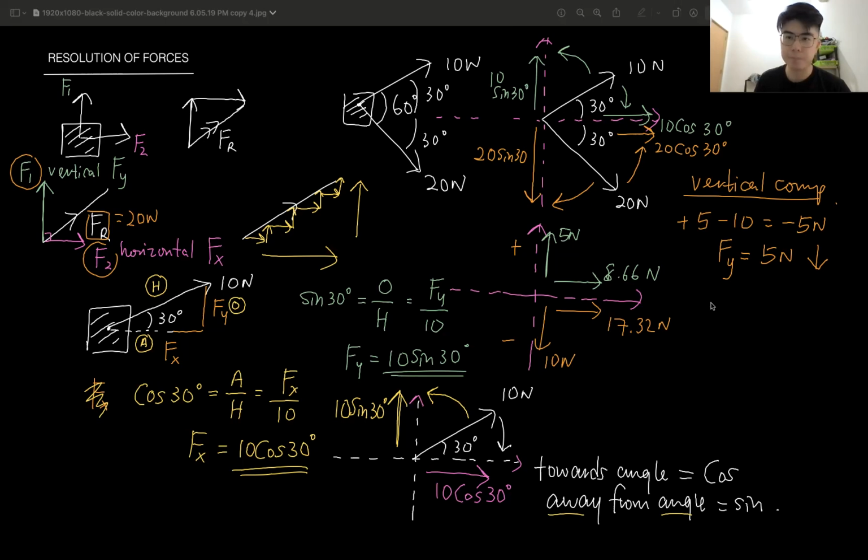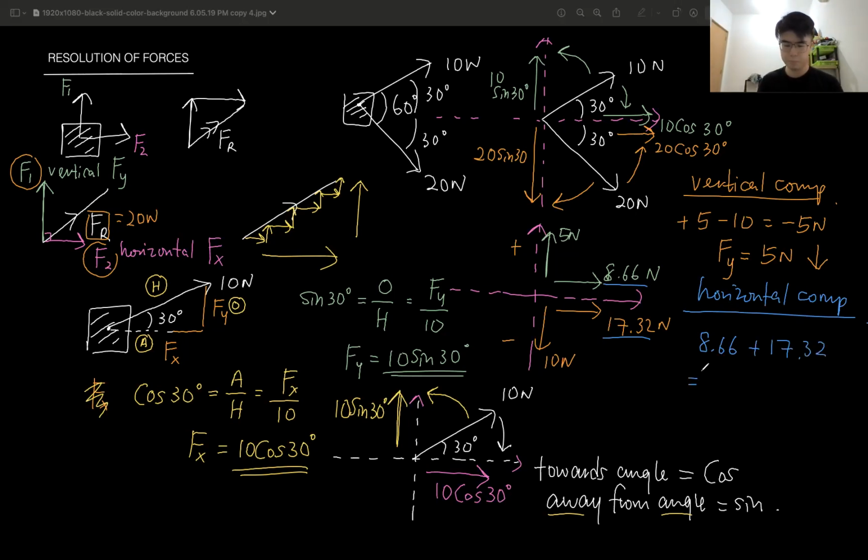How about the horizontal? Then I do another one, horizontal component. We have two in the same direction, so just add them up. 8.66 plus 17.32 is 25.98 Newton.